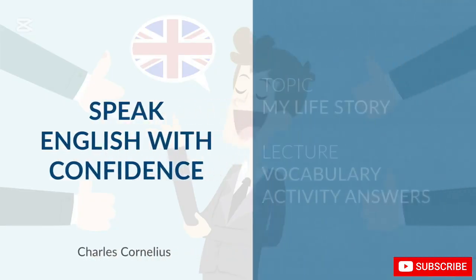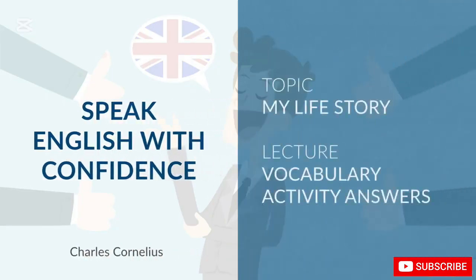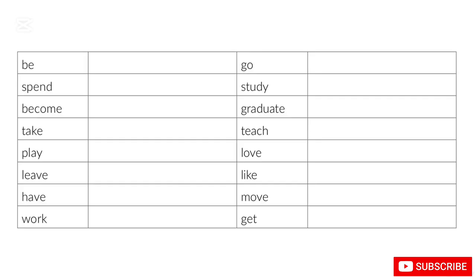In this lecture, we're going to go through the answers to the vocabulary activity. And here was the first exercise. So these are the root forms of the different verbs, and the past simple of be is was.